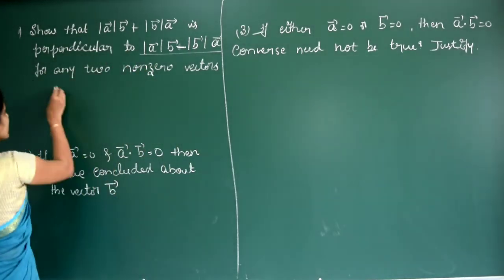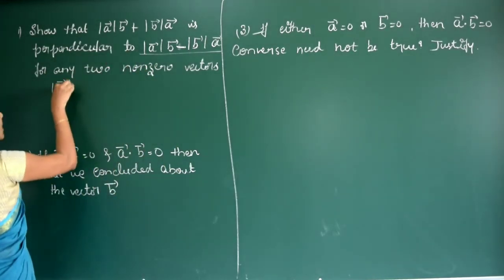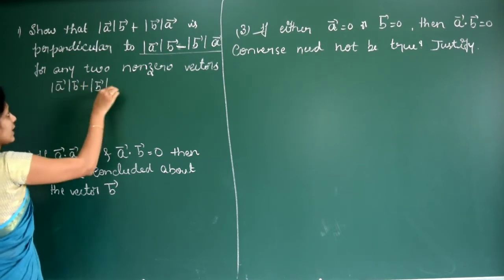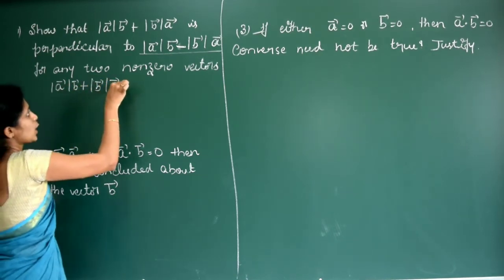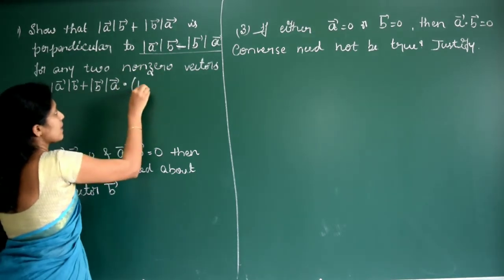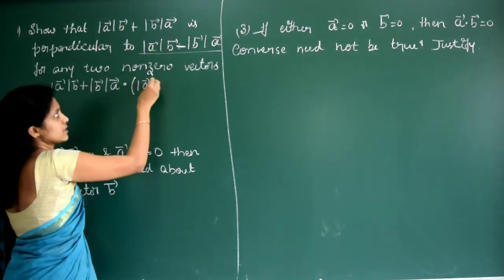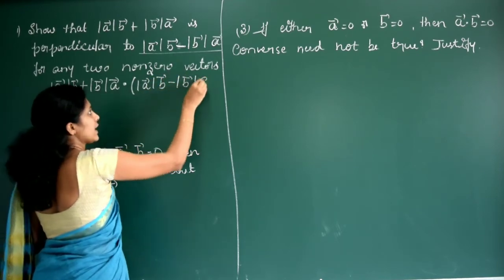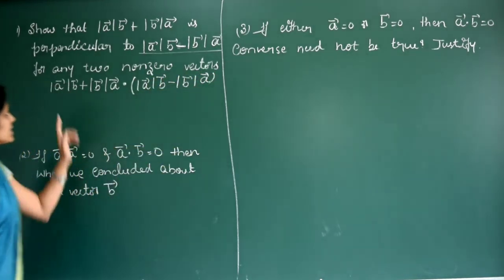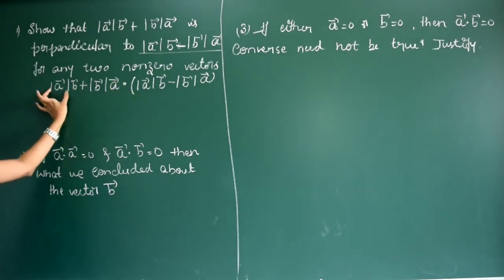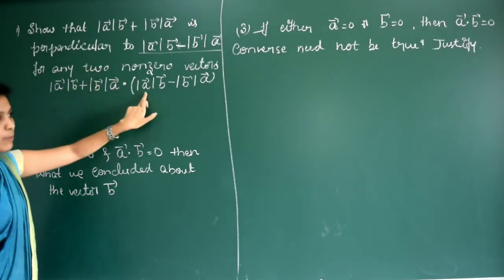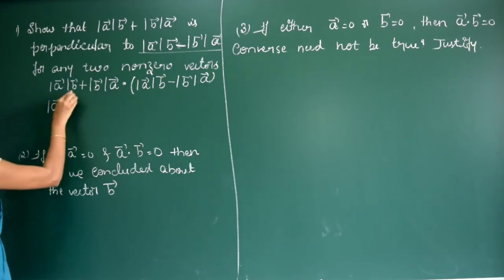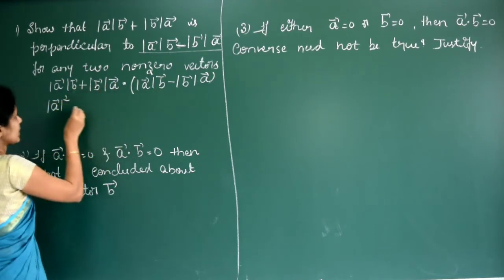Simple it is. So here I write magnitude of a vector times b vector first, plus magnitude of b vector times a vector. I will consider the dot product of those two, that is magnitude of a vector, second vector, b vector, minus magnitude of b vector, a vector. I will multiply this. Directly I write here magnitude of a vector into magnitude of a vector will be magnitude of a vector square. Next b vector dot b vector, right?